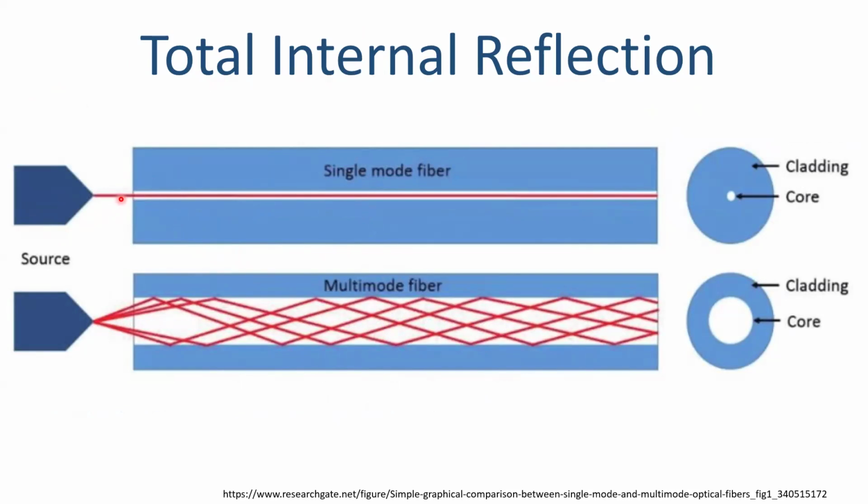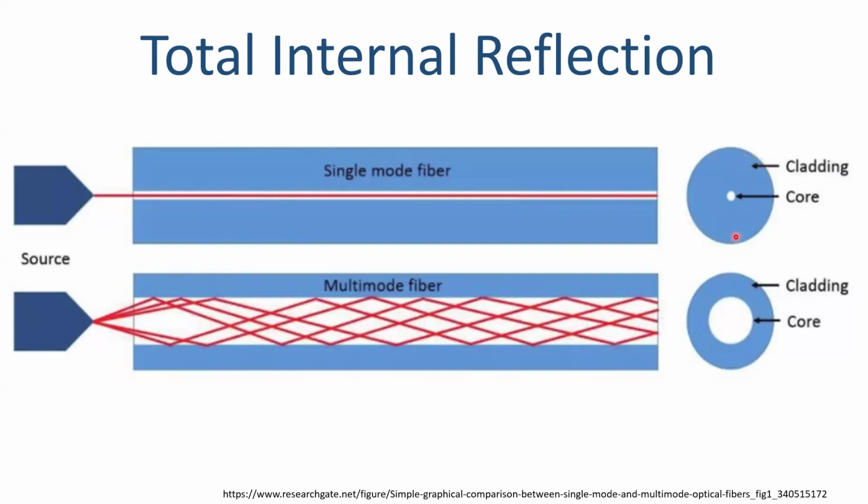So the light that travels is pretty much a single mode, single beam, and it is ideally not reflecting off any walls because this core is so narrow. But in reality, it would wave just a little bit, but not as much as the multi-mode.